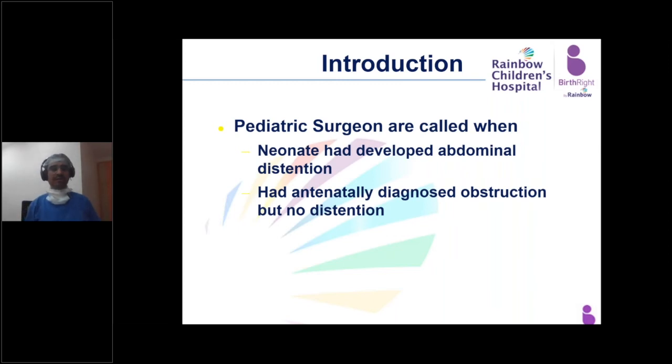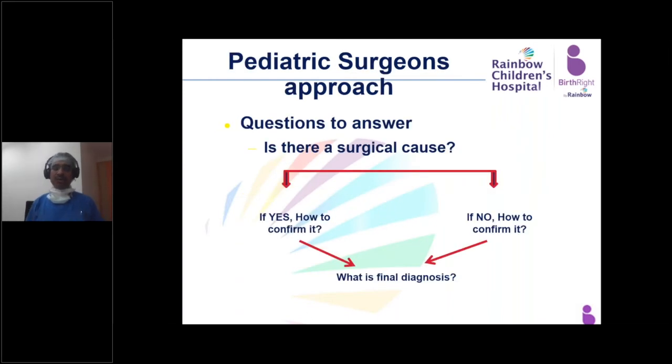So these are the two times at which we as surgeons are called in the neonatal ICUs of almost all the hospitals. The question which we need to answer is: is there a surgical cause? If yes, how to confirm it? If no, again, how to confirm that it is not a surgical cause?